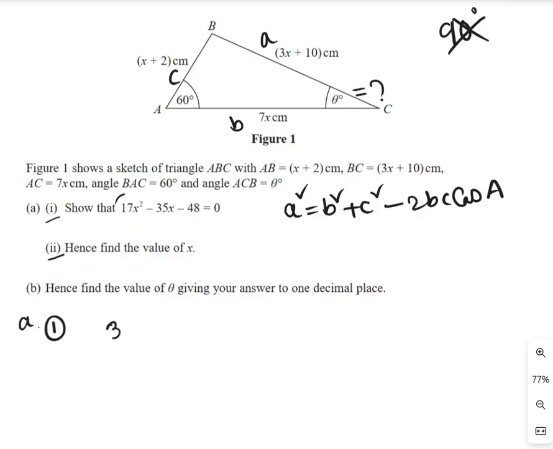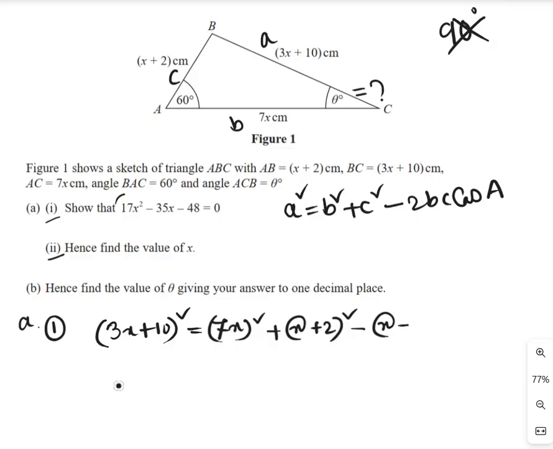So 3x plus 10 whole square equals to B, that is 7x whole square, plus C, that is x plus 2 whole square, minus 2 times x plus 2 times 7x, and cos the value of A is 60. So let's write down here 60, and the value of cos 60 is half. So this one and these two will be cancelled out.